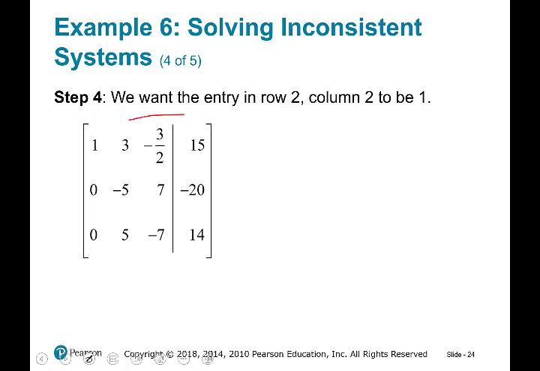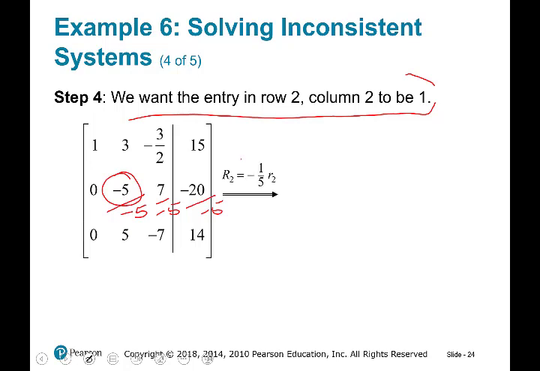And then we want the entry in row 2, column 2 to be 1. So how do I get that? Divide everything by -5, multiplying by -1/5.